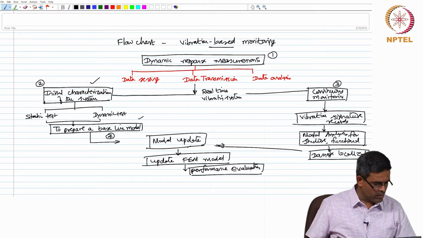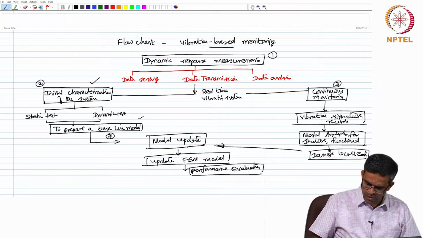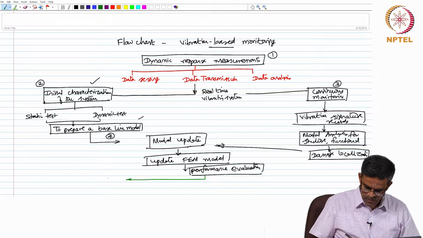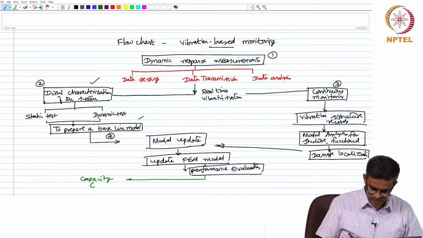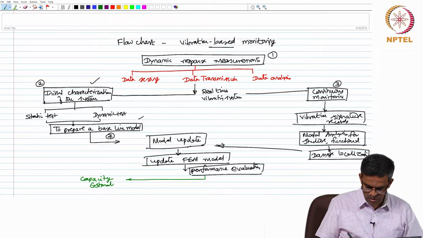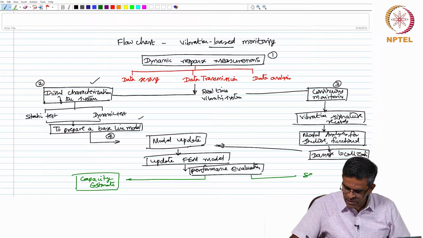The performance evaluation will finally lead towards two issues: the capacity building or capacity estimate of the structural system and service life prediction of the system.